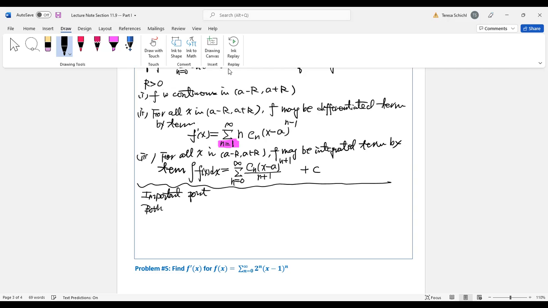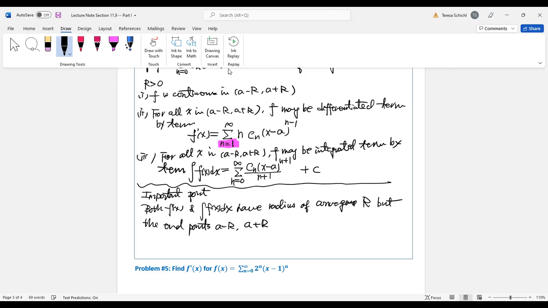Both f prime of x and the integral of f of x dx have the same radius of convergence R, but the endpoints a minus R and a plus R must be checked.